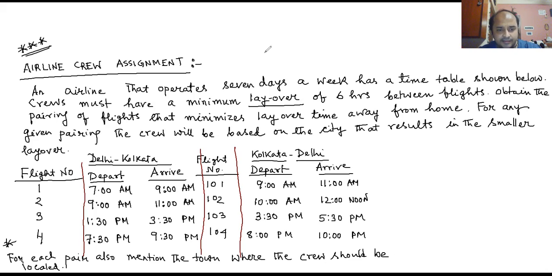It is secondary. Main important portion, try to look at this problem very carefully. This particular problem asks you to do assignments in such a way so that we get minimum layover time. But what assignment?